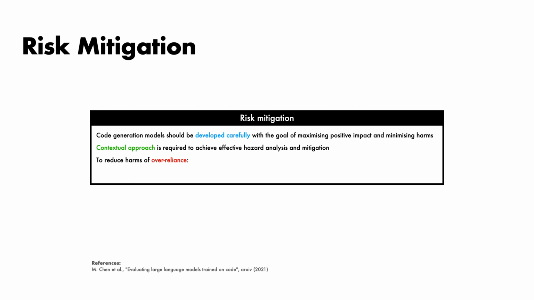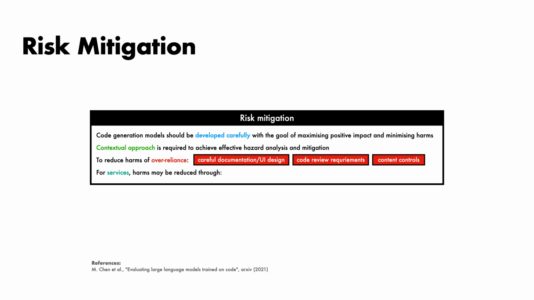Some of the options that may help reduce the harms associated with over-reliance include careful documentation and UI design, code review requirements, and controlling content through, for example, filtering of outputs, which can also assist with offensive content and insecure code generation. For services that are built on top of code generation models, other policies such as reviewing users, restrictions of use cases, monitoring, and rate limiting may help to reduce harms and prevent inappropriate use.